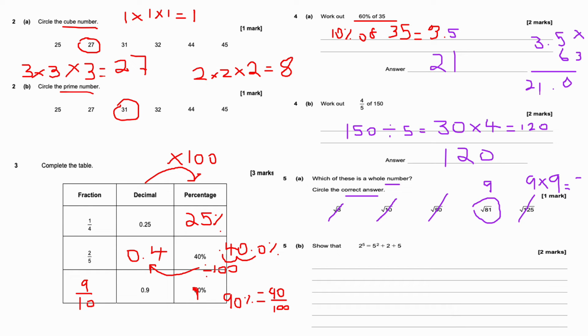So this requires knowledge of your square numbers, so make sure that you're happy with your square and cube numbers. Check out relevant videos on my channel for square and cube numbers. Make sure that you're happy with what square numbers are, how I get to them, and make sure that you learn your square numbers, I would say up to 15, or better yet, up to 20.